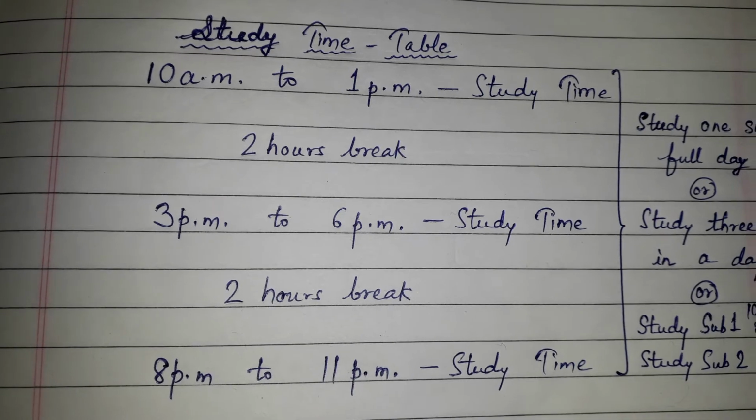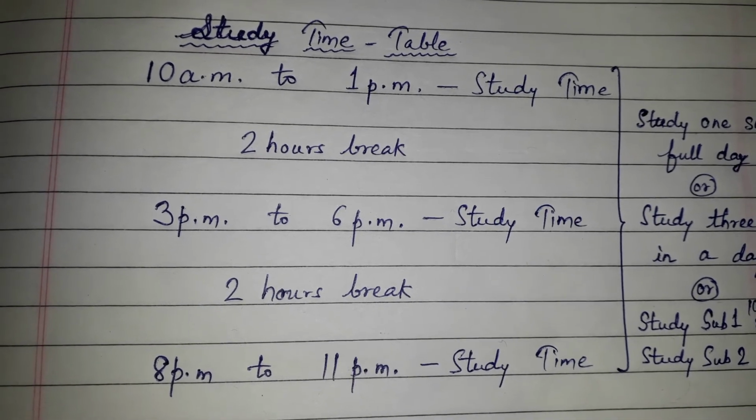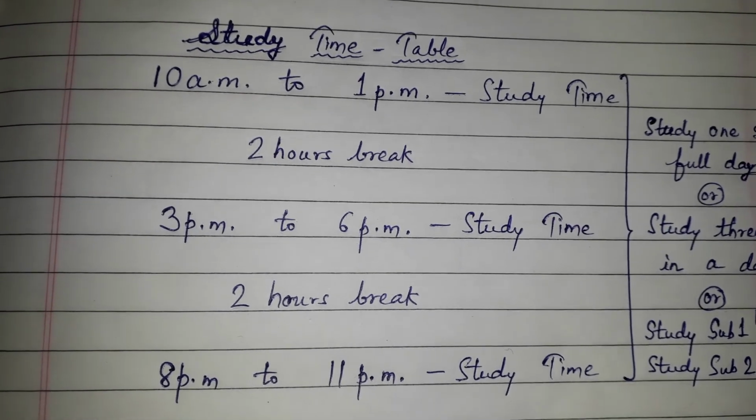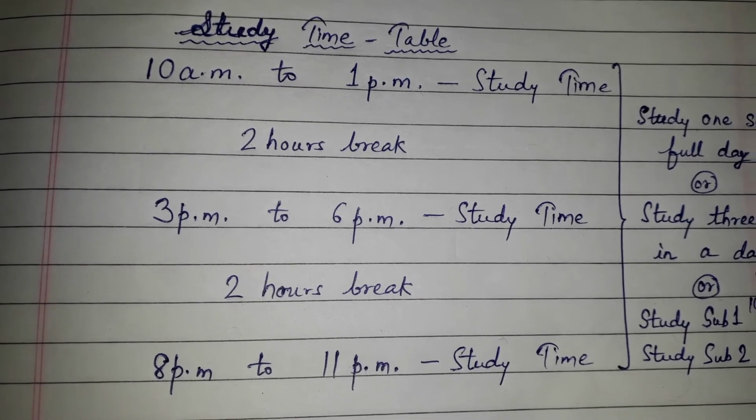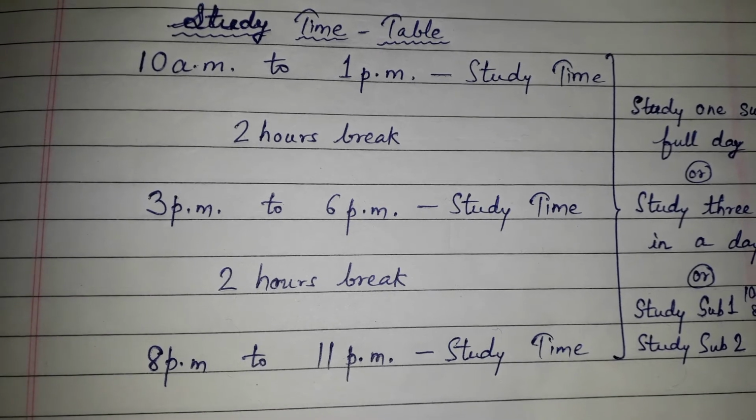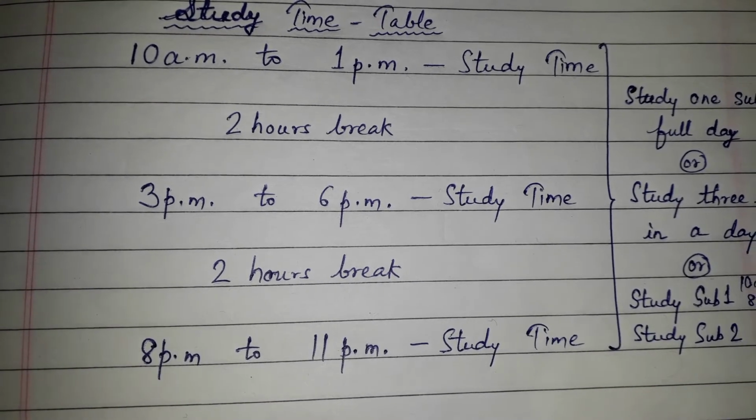For example, some prefer to start a little late, that is 11 a.m. Then what will happen? Since you are starting late, instead of a 2 hour break, you have to take a 1.5 hour break.